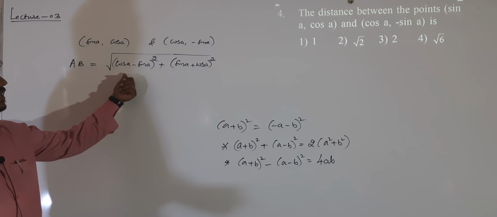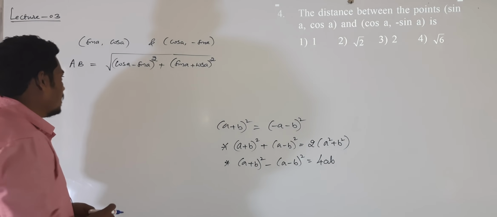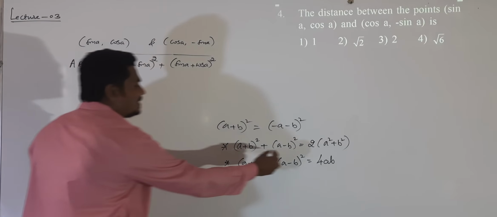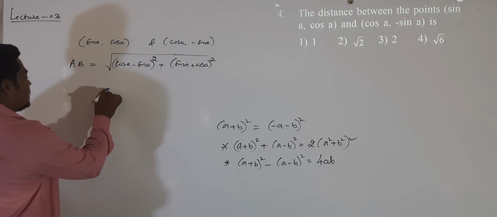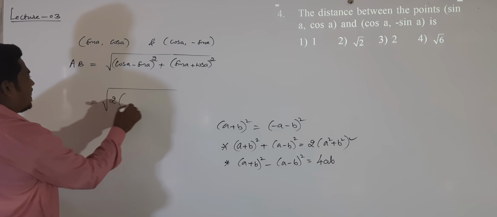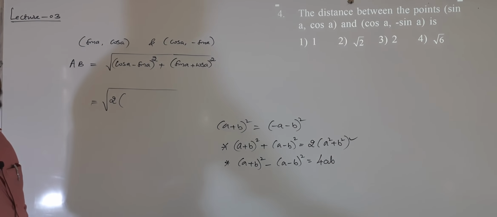Here, a minus b term is there, the middle sign is plus, and a minus a plus b is there. This means we can directly apply this formula. The 2 times square root remains as it is. In place of a we have cos a, in place of b we have sin a.